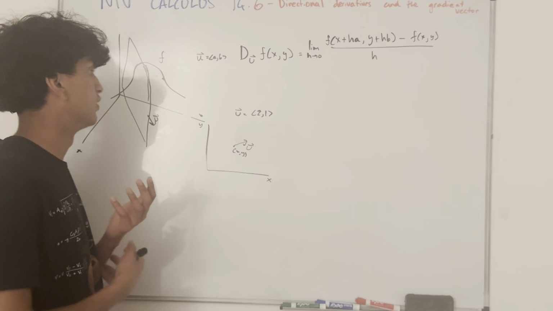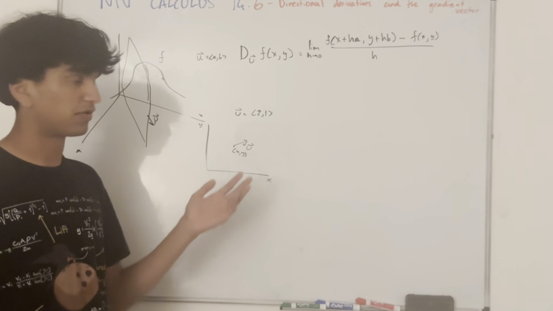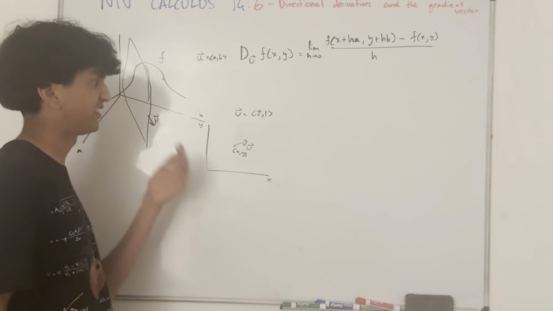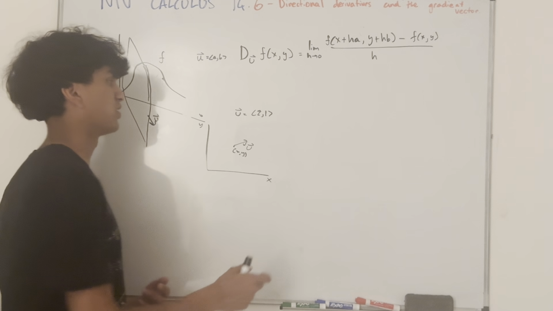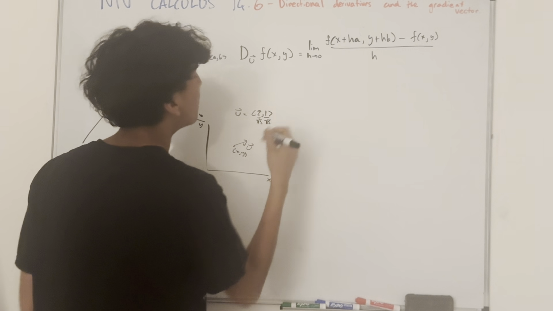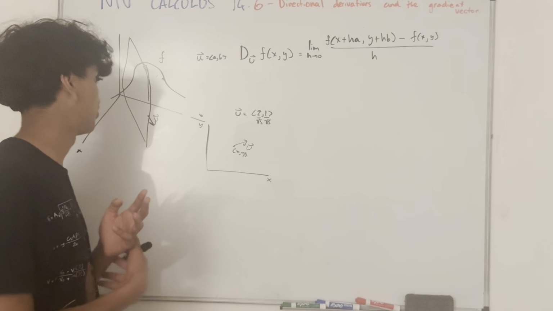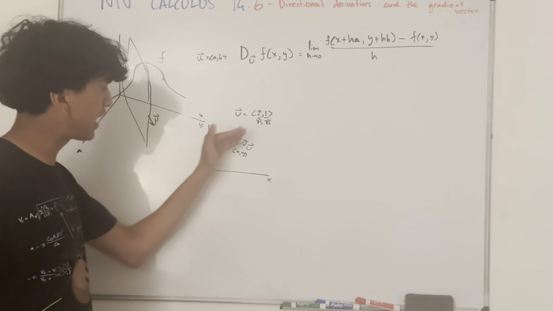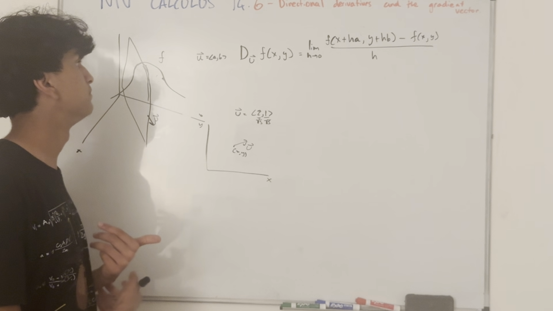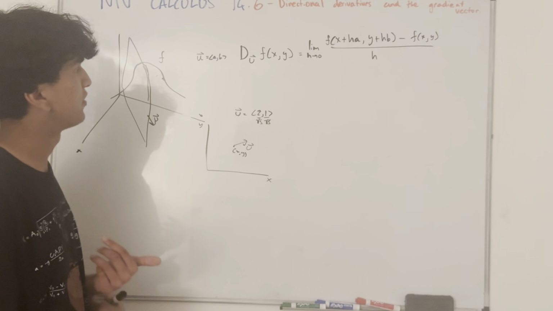This is actually not a good example. u has to be a unit vector. I totally forgot. So this would really be more like 2 over root 5, 1 over root 5. But you get the idea, right? If one component is much larger than the other, that gives us a direction, but what was my point?